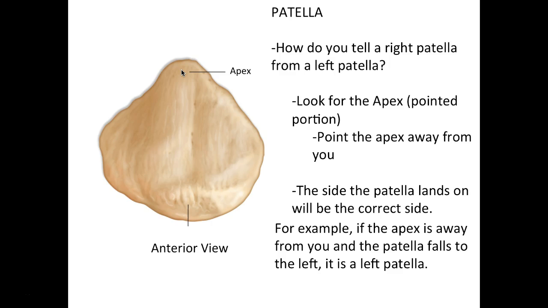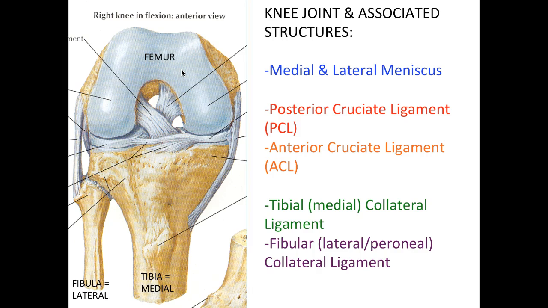This is a little difficult to describe when you can't see this tipping happening. So we'll do some examples in lab. But if your apex is away from you and the patella is falling toward the left, then this is going to be a left patella. Now, in this view, we've removed the patella out of the way, and we can see the femur up here and the tibia below.